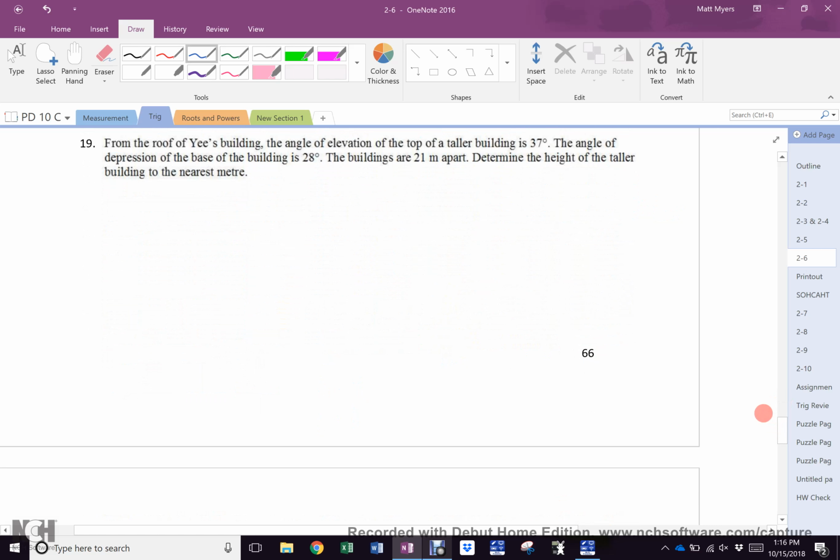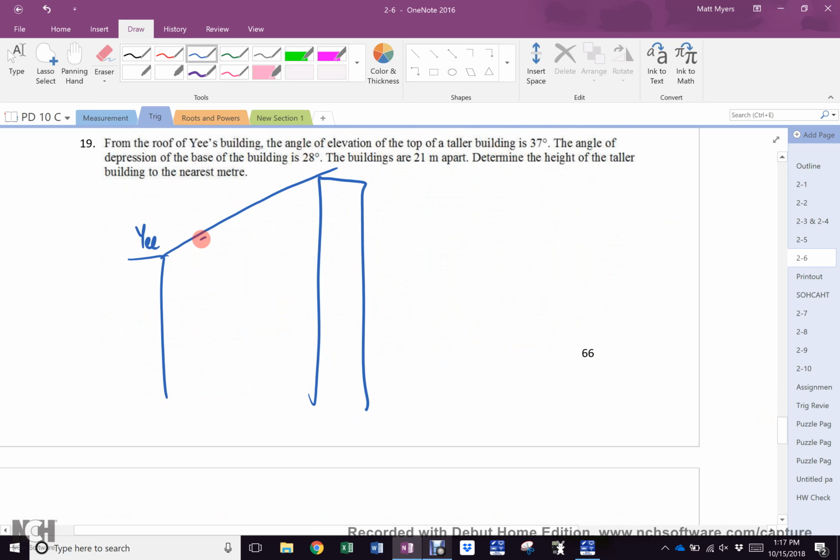19 is exactly the same as 17 with Peeping Tom. Yi is on the roof of his building. Yi, there is an angle of elevation to the top of a taller building. Angle of elevation of 37. Angle of depression, 28. Buildings are 21 meters apart. How tall is the other building?